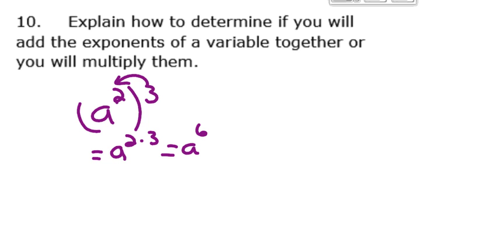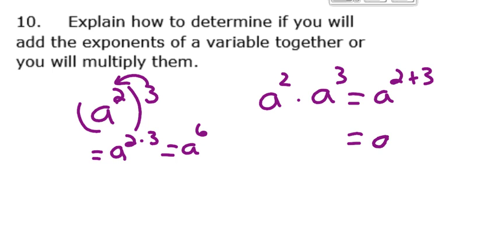You add your exponents when it looks like this: a squared times a to the 3rd. That would be equal to a to the 2 plus 3, which is equal to a to the 5th. So look for those parentheses, because that's when you multiply. That's the rule.